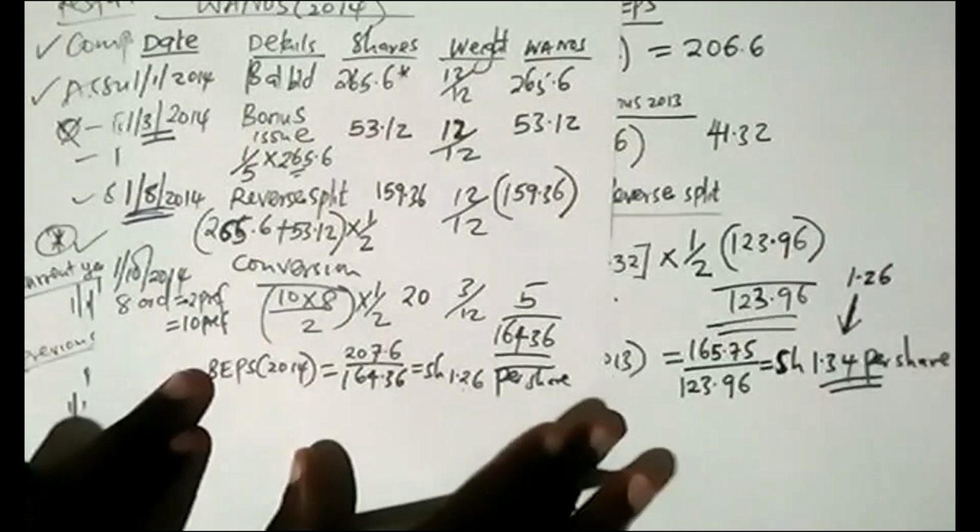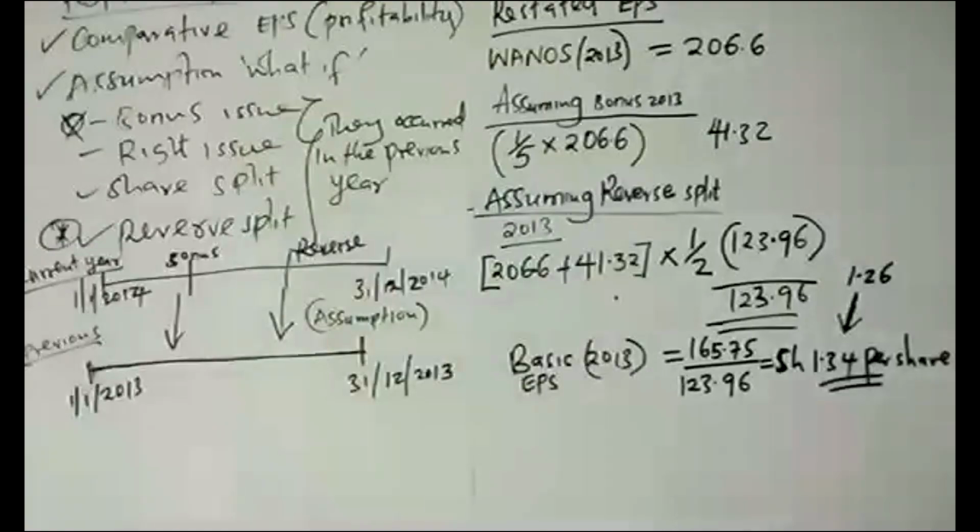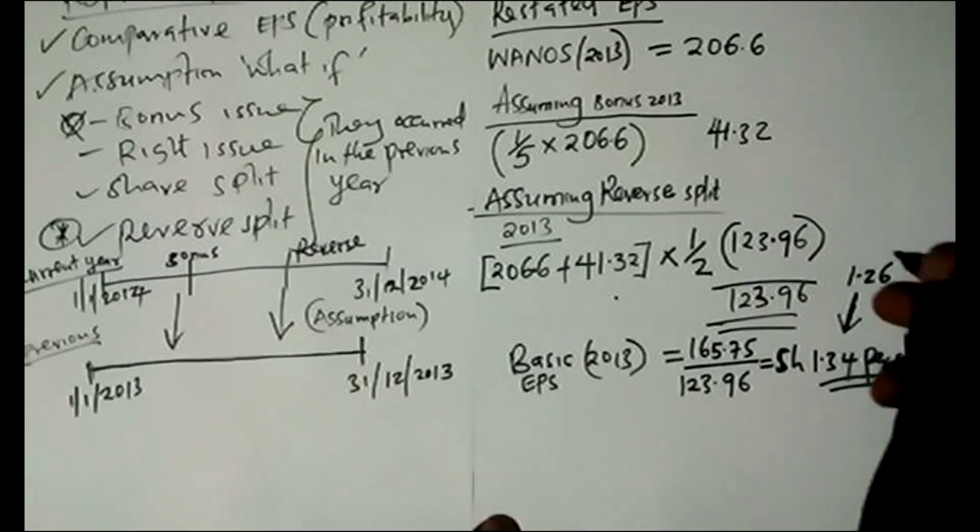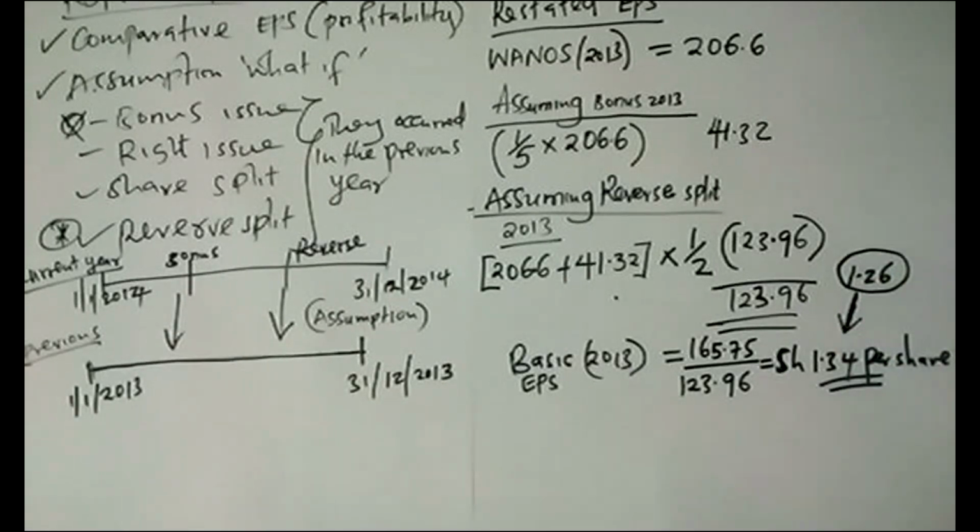So in real sense, in 2014, when the bonus was there and the reverse split was there, this was our earnings per share. But if we go with the assumption now, what if the same thing which occurred in 2014 was there in 2013? What could have happened to our earnings per share? So our earnings per share could have been 1.34.